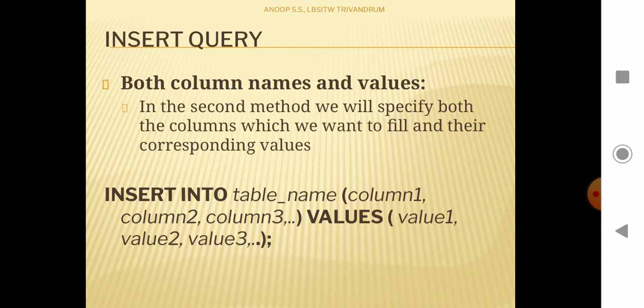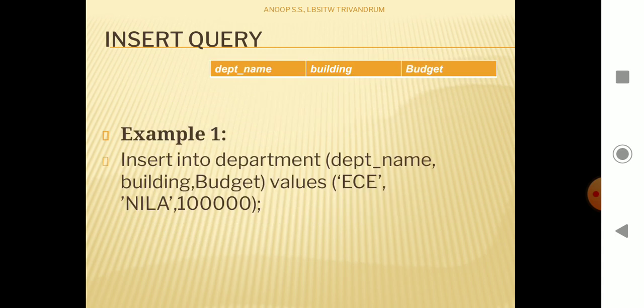I will show you using an example. What I mentioned: we have a department table with department name, building and budget. Here similar values are to be inserted, with department name as ECE, building name as Nila and budget as 1 lakh.